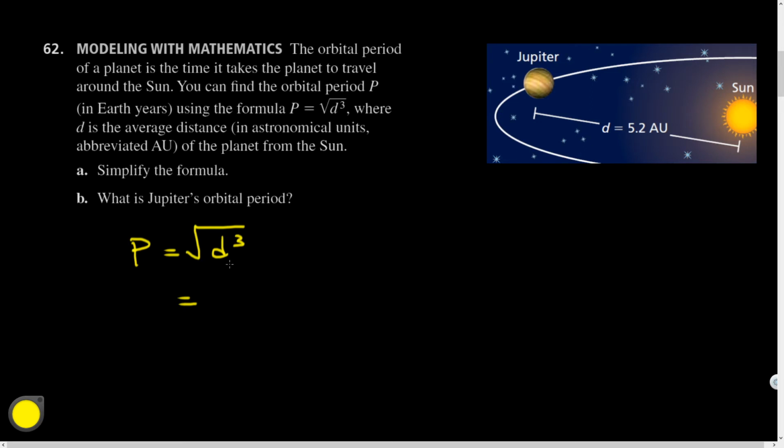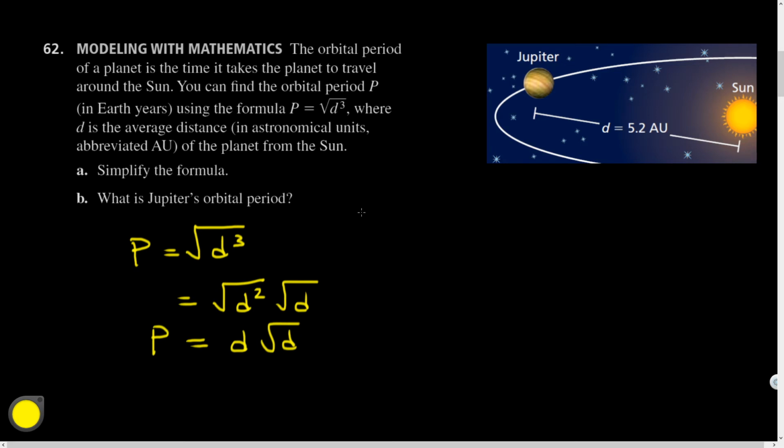We do know how to simplify that. I can find the largest perfect square that goes into D cubed, which is D squared. And so the simplest form, the square root of D squared, is D times rad D. And so there's a simplified version of the formula.